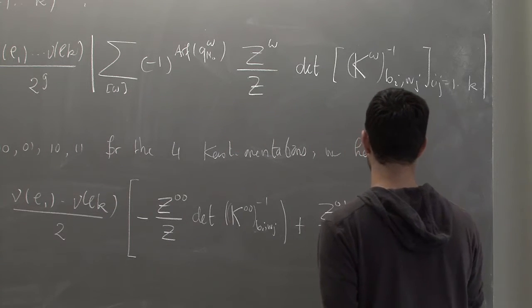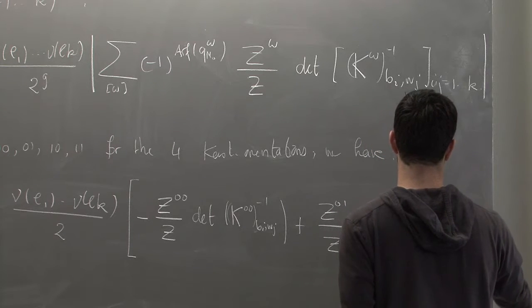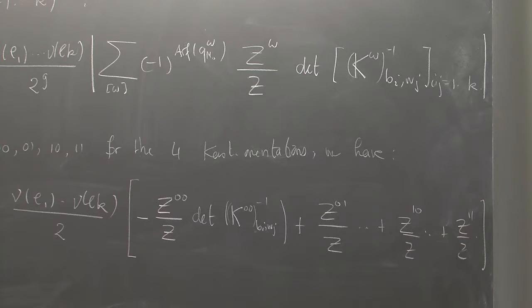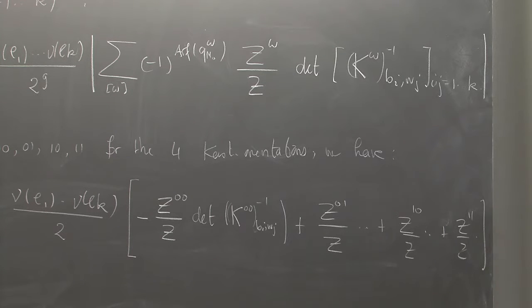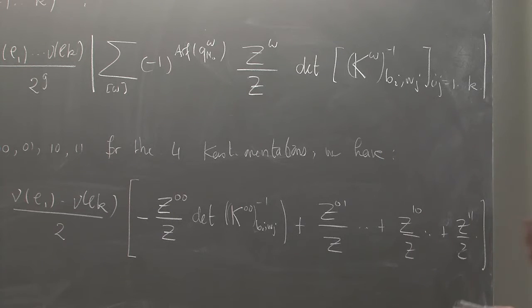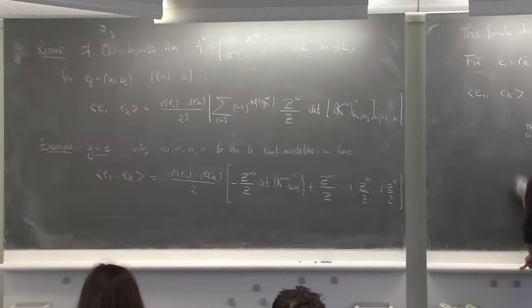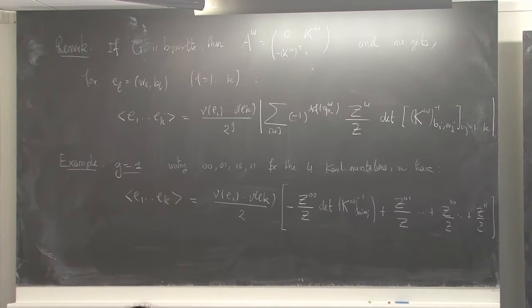And I'm not writing all the terms, so each time you, of course, have the corresponding determinant. And this is a formula that's going to be very useful for the study of the dimer model on bipartite graphs on the torus, which is going to be the subject of this new part that I'm starting right now.